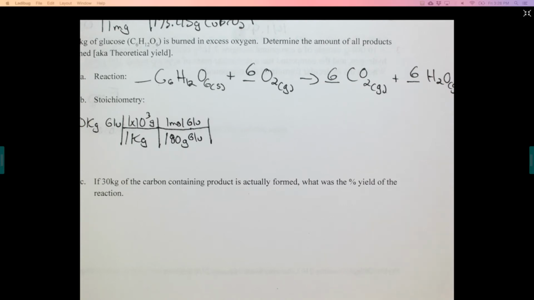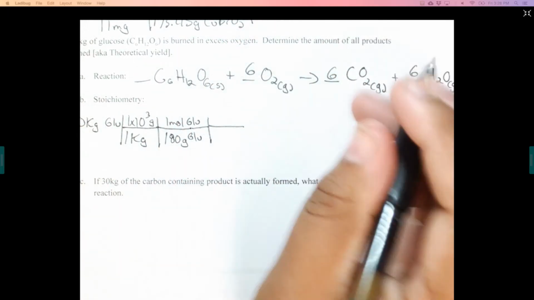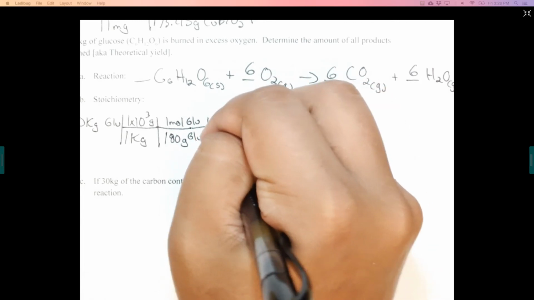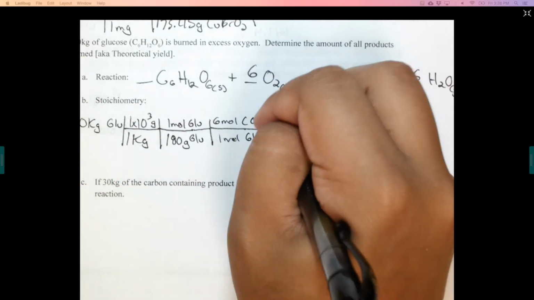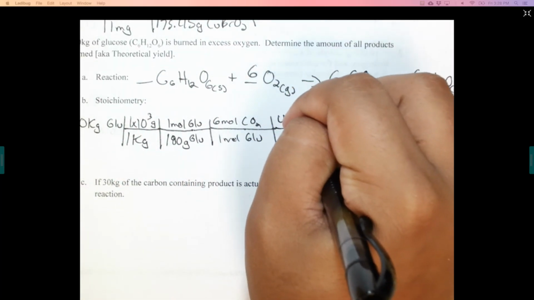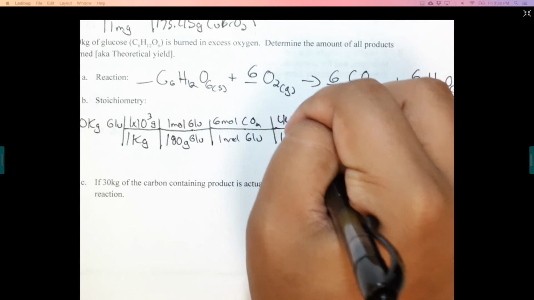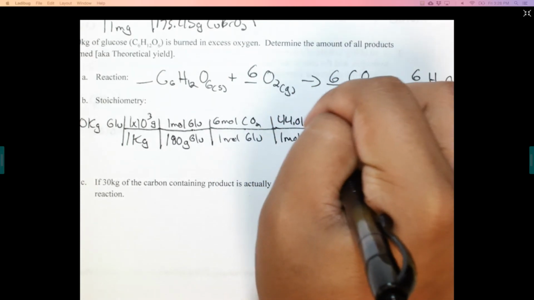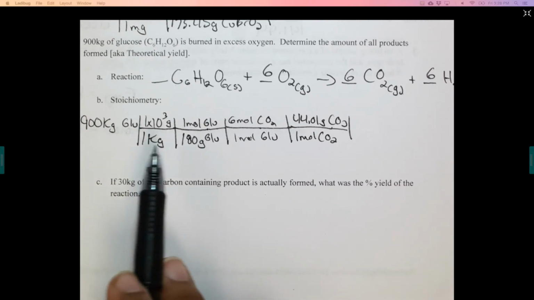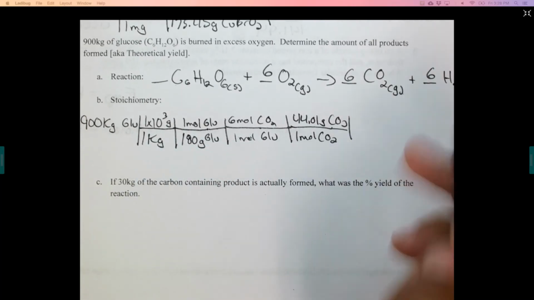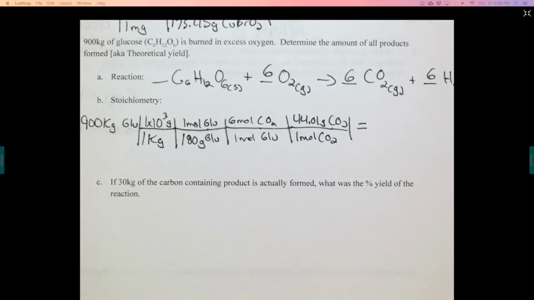And if we want both products, let's just start with CO2. We got 6 moles of CO2 per 1 mole of glucose. And then if we want to know the molar mass of CO2, we do that calculation. We see it's 44.01 grams of CO2 per 1 mole. So now we have the entire dimensional analysis for the amount of CO2 produced, right?